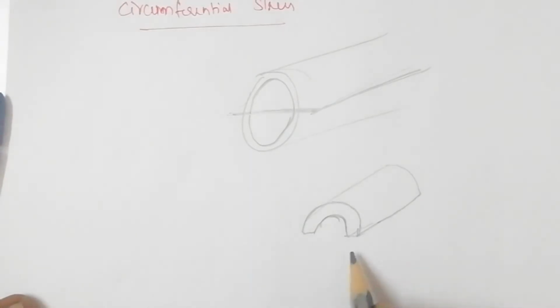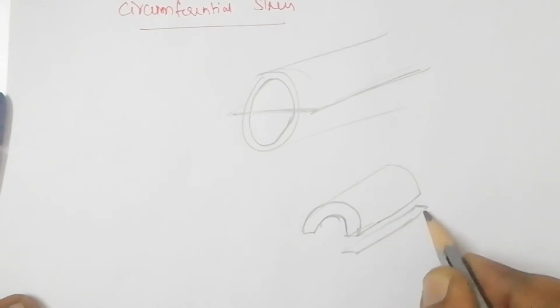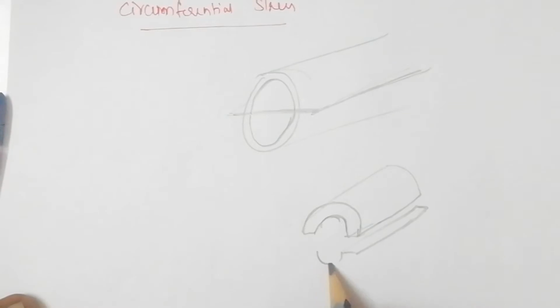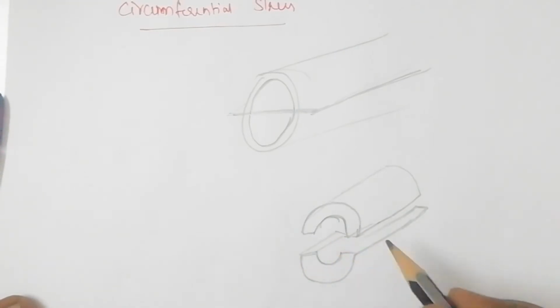Okay. But the lower half you will observe like this, correct. So, this is your lower half. So, in this way you will observe.